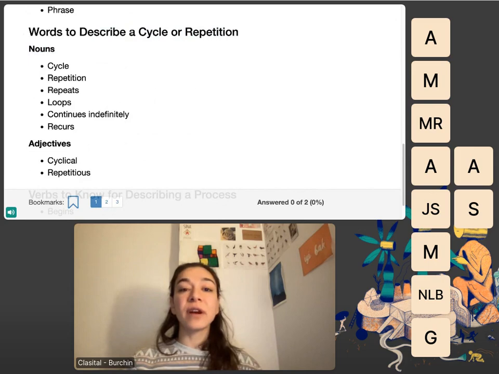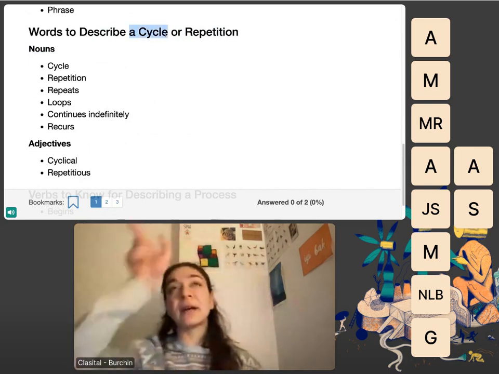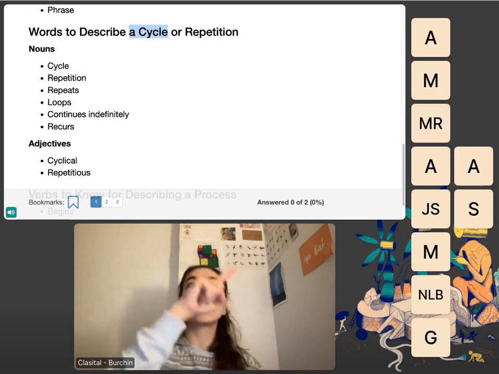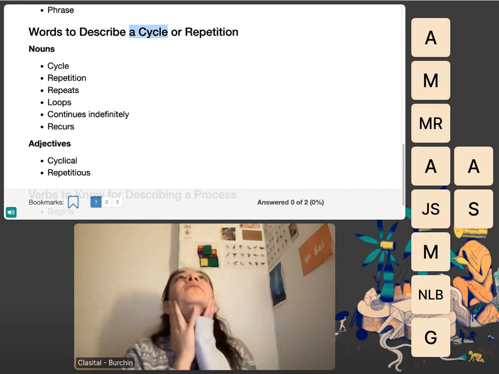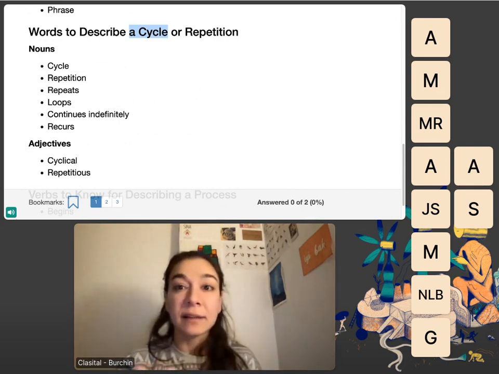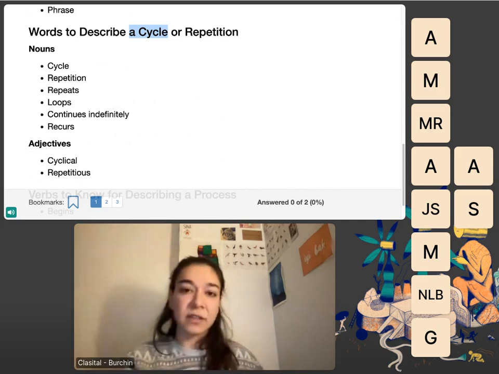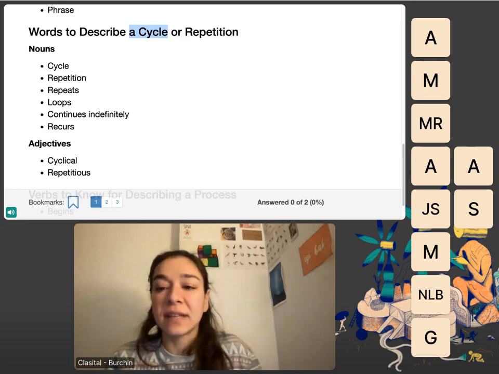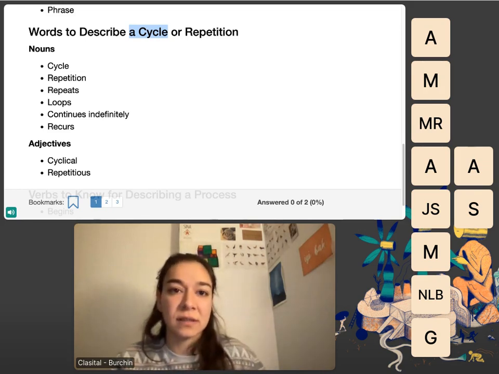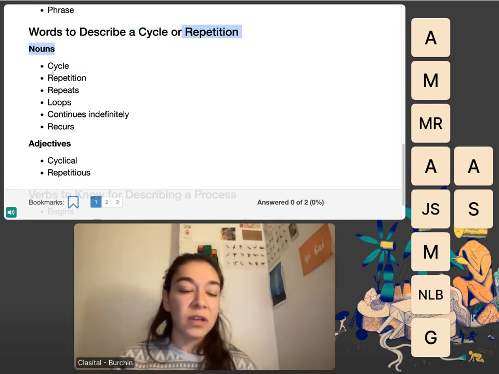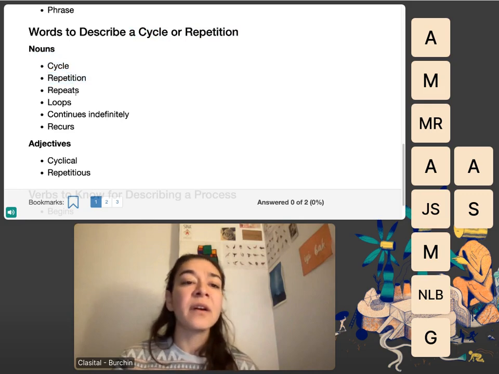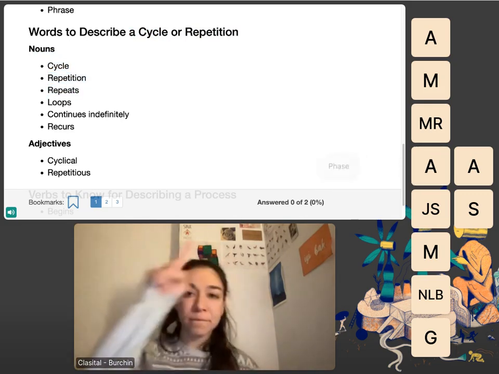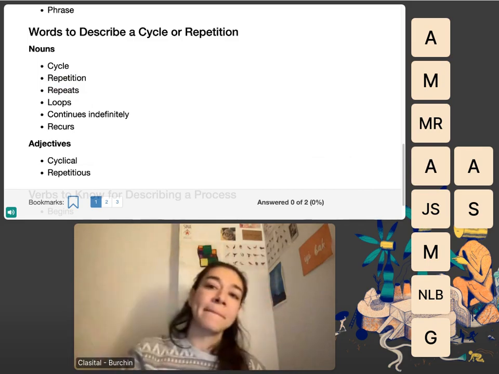Okay, verbs to describe a cycle. For example, you are asked to write about the life cycle, or the recycle process. Recycle is a very common topic that is given in the diagram questions. Or repetition. You can use cycle, repetition, repeats, loops. Loops means there is a loop.